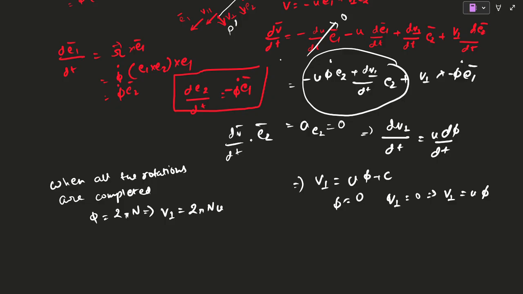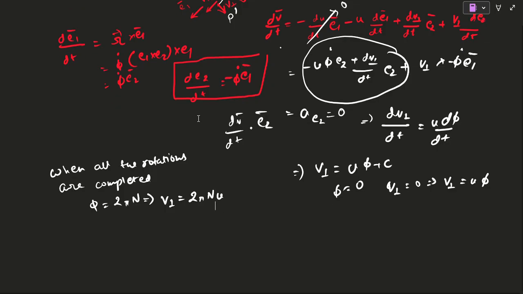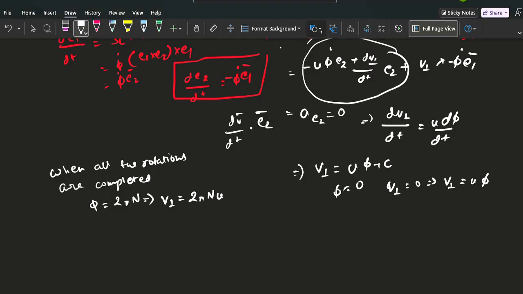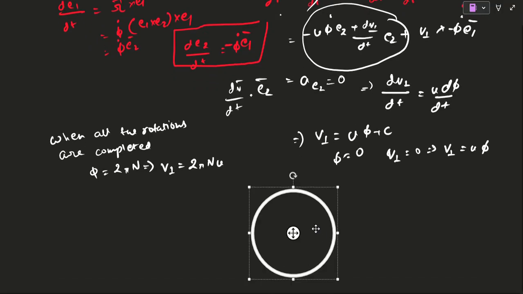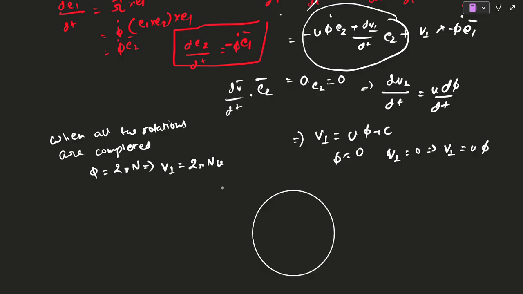Now the situation will come out something like this. Suppose this is the cross section of the cylinder, and my string will be just touching the cylinder and going tangentially. I am pulling this end with velocity u.